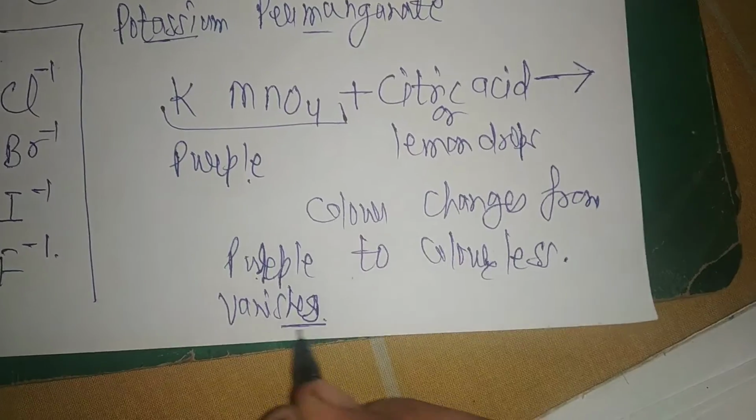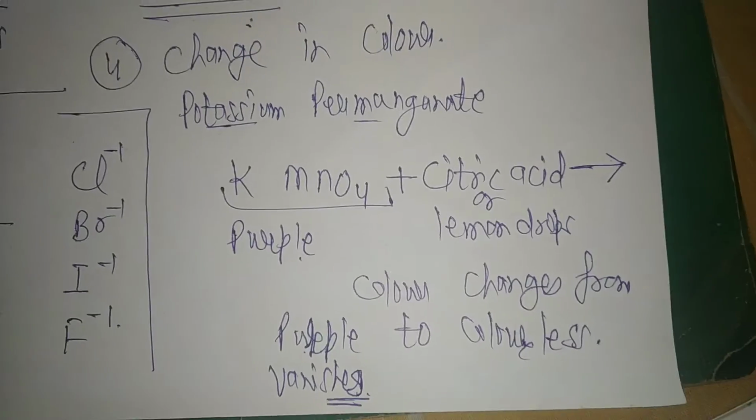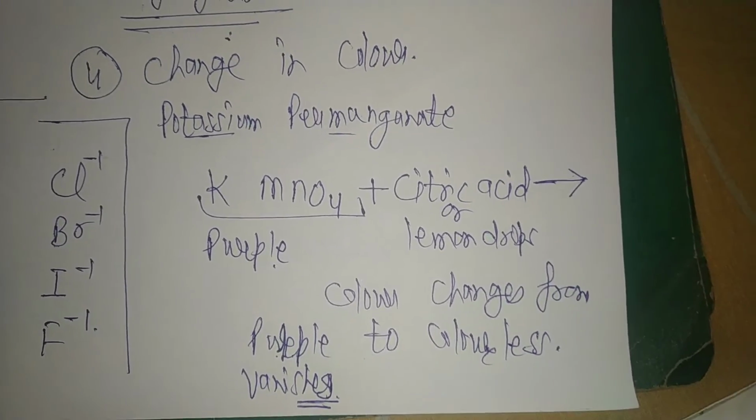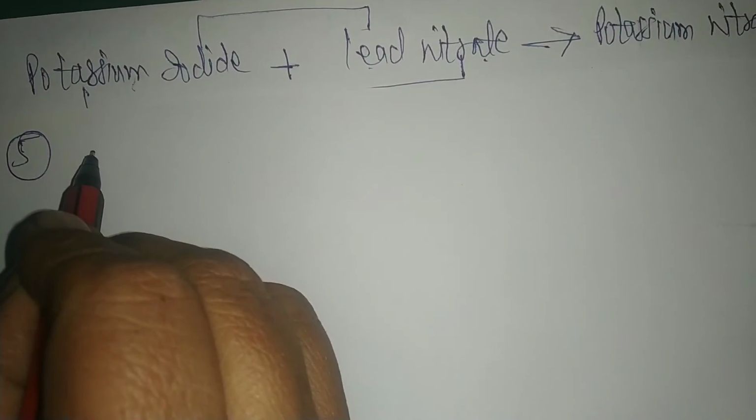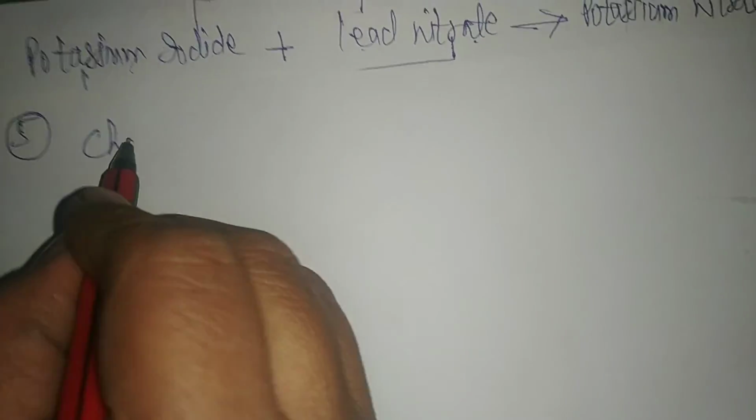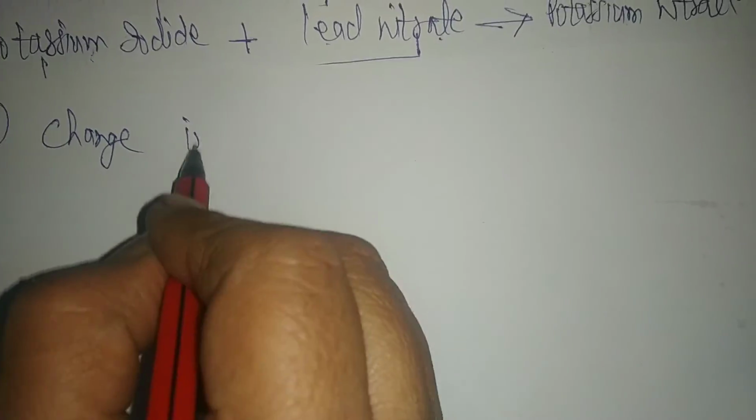So the last characteristic is change in temperature. Number 5 and last characteristic of a chemical reaction is change in temperature.